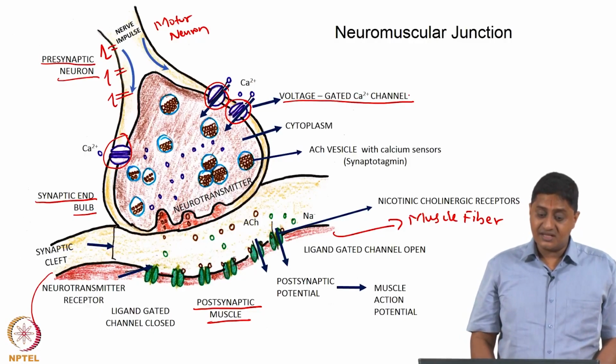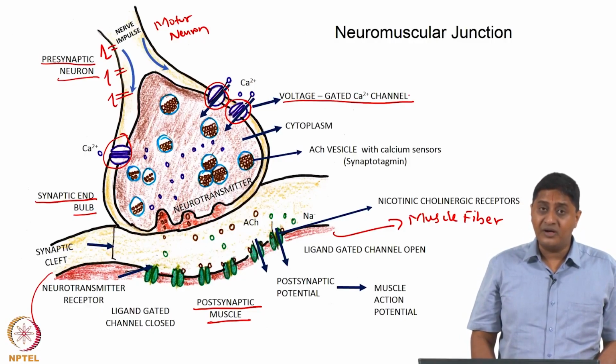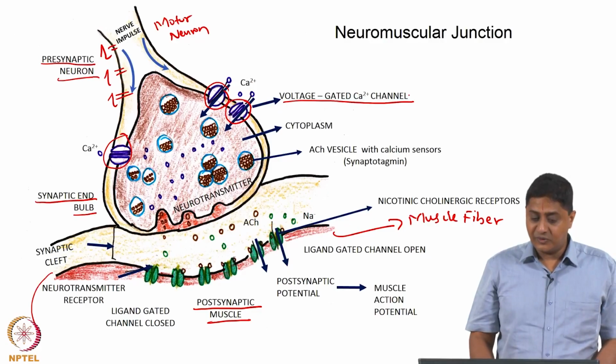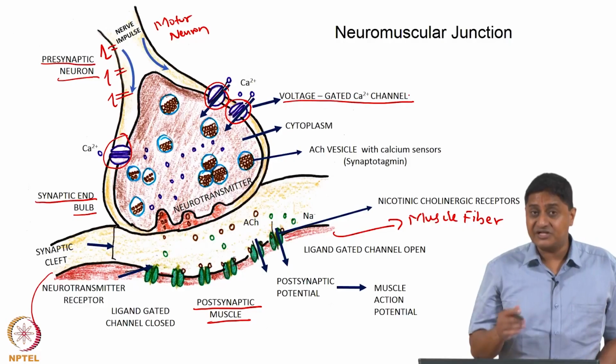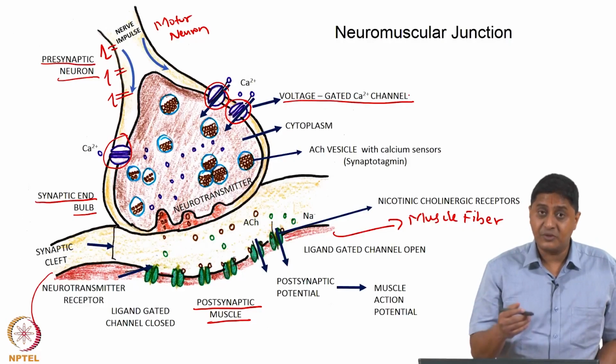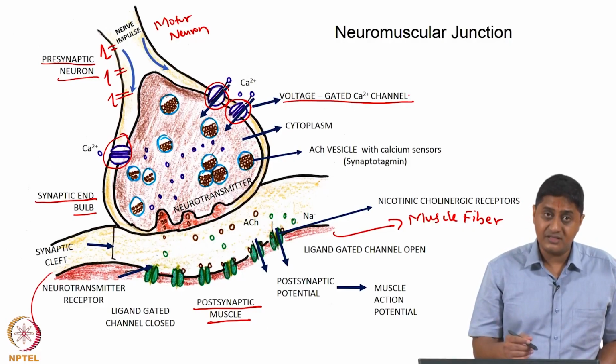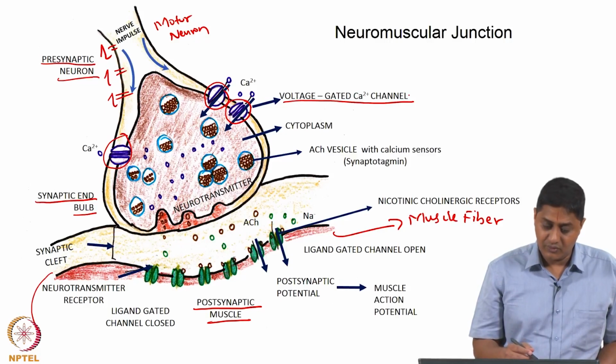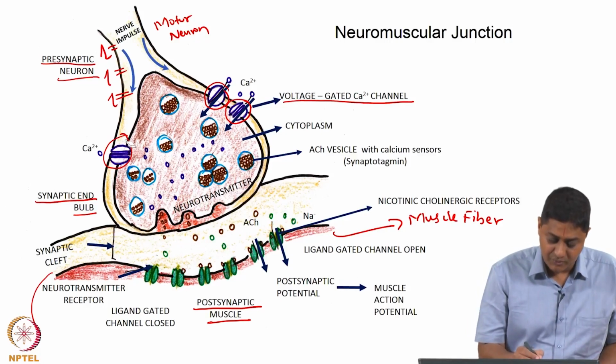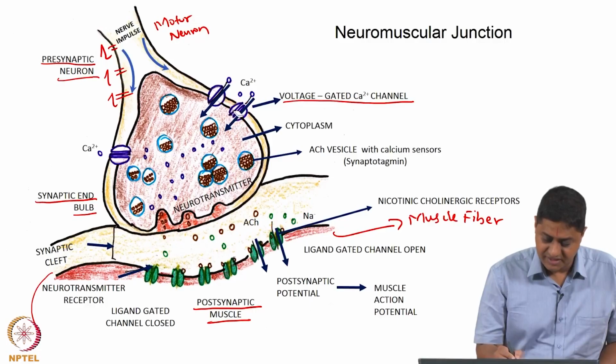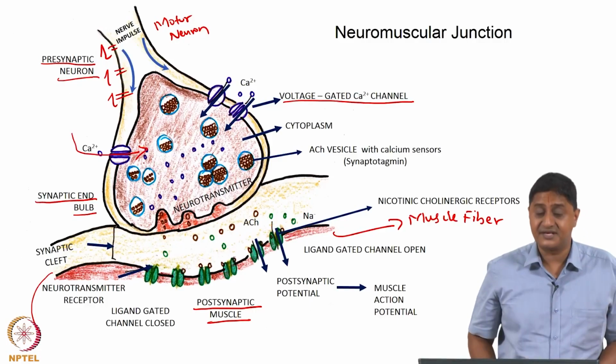Now, these channels are going to be opened whenever the potential is above a certain threshold. So, when the action potential arrives at these points, these voltage gated calcium channels open, and a lot of calcium enters inside the cell.